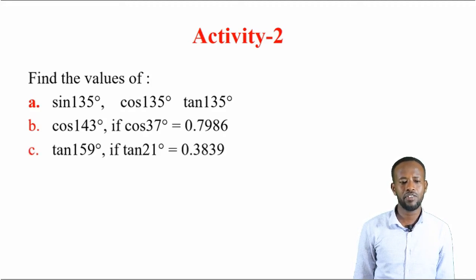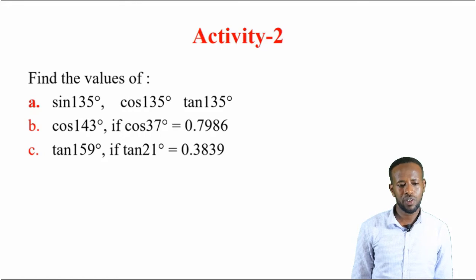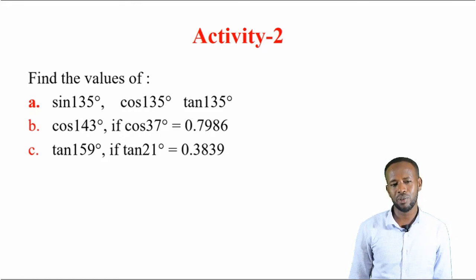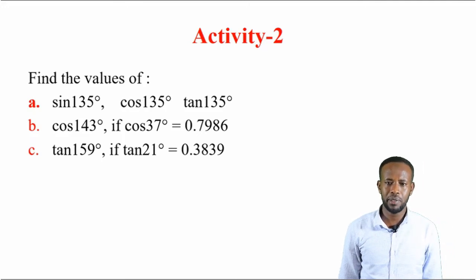It says find the value of sine of 135 degrees and so on. Cos of 143 degrees if cos of 37 degrees is equal to this. Tan of 159 degrees if tan of this is equal to this. Try to find it in 3 minutes. This is the last one. You have 3 minutes, try it.